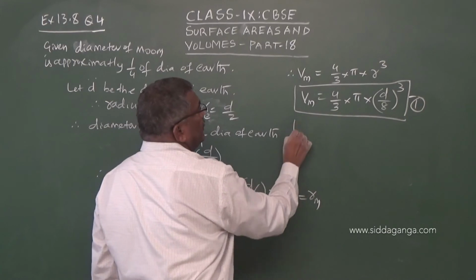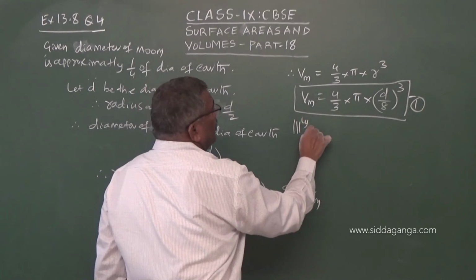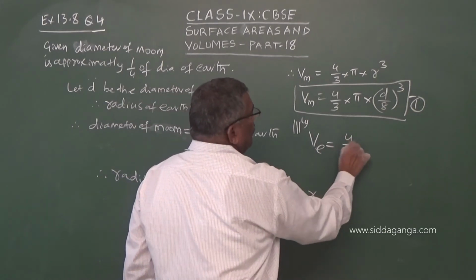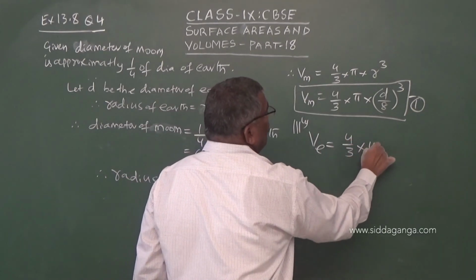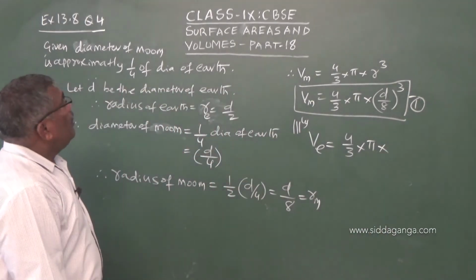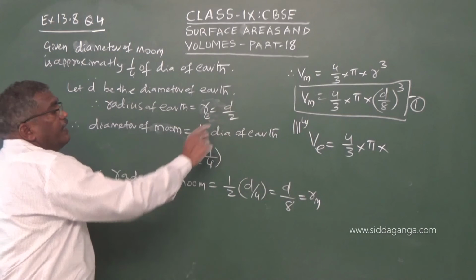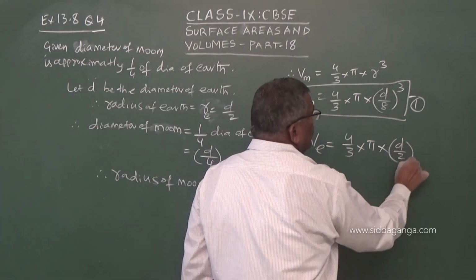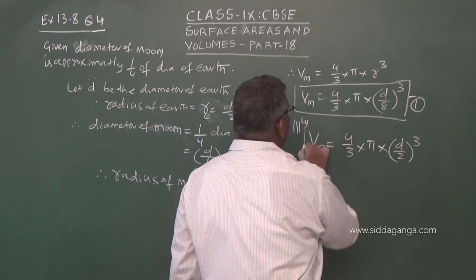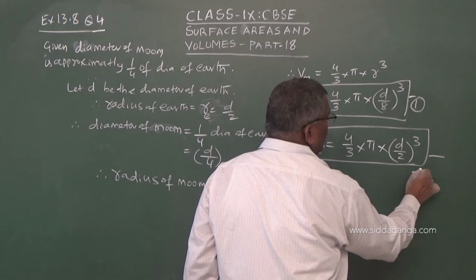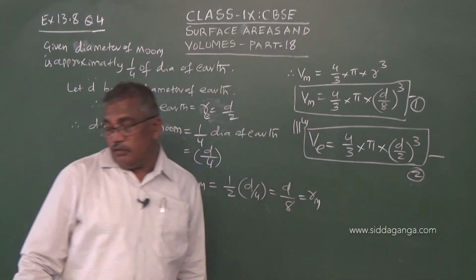Now similarly, volume of earth is equal to 4 by 3 into pi into r cube. R for the earth is D by 2, whole cube. So you can call this equation 2.